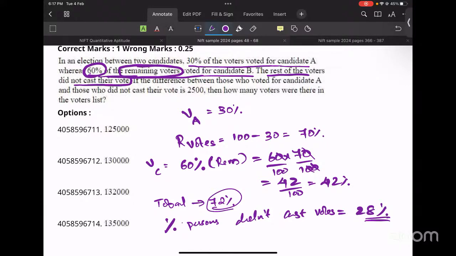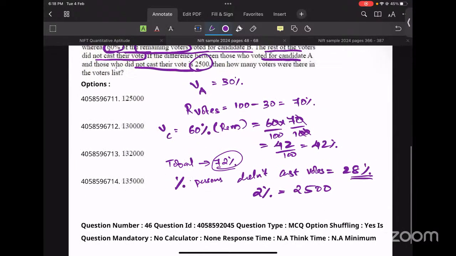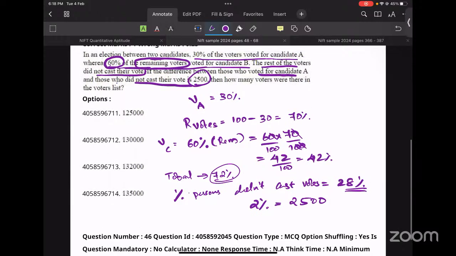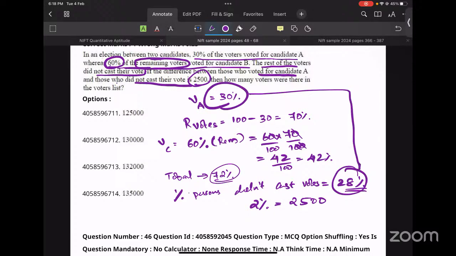If the difference between those who voted for candidate A and those who did not cast their votes was 2,500, that means 2% equal to 2,500. 2% because persons who didn't cast vote is 28, cast vote for A is 30, so the difference is 2% only.